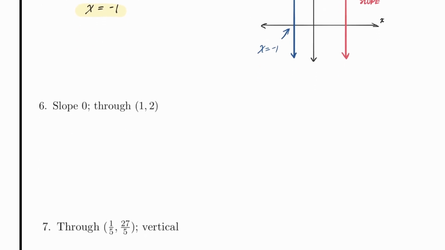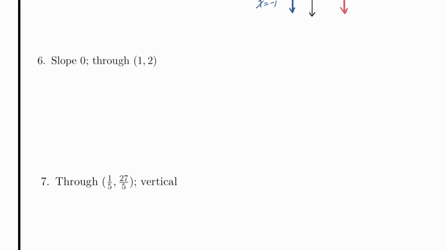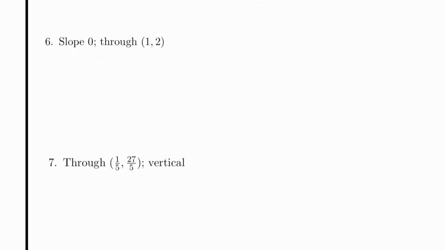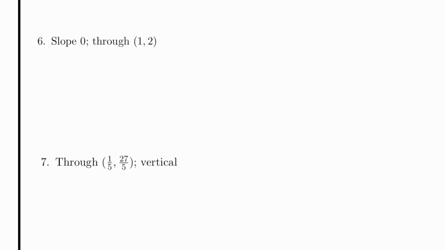Okay, moving on to the next one. I want the equation of a line with slope 0 passing through the point (1, 2). Again, I'm going to draw our axes. Remember that slope is y2 minus y1 over x2 minus x1. If I have slope 0, that means the top of this slope equation had to be 0.